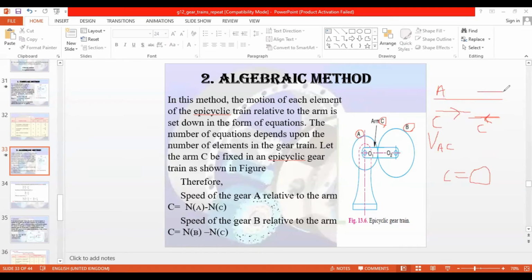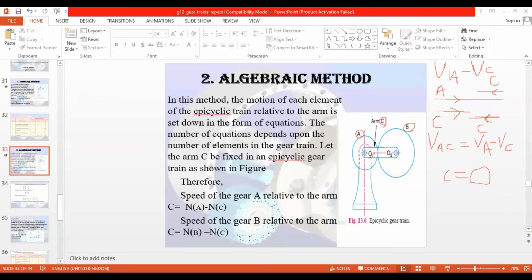Here also I will apply the same to A. Now A has a velocity VA this way, and velocity C is acting in the opposite direction, so that will be subtracted. At the end, the relative velocity of A with respect to C will be given by VA minus VC. This you already know, so the same idea we are going to apply here also.